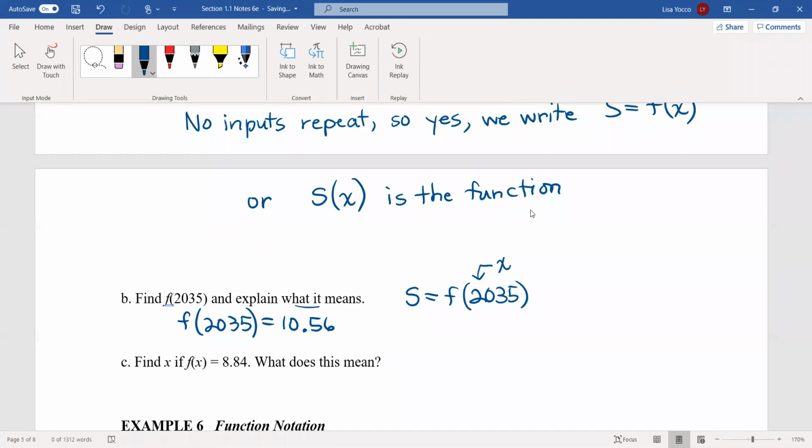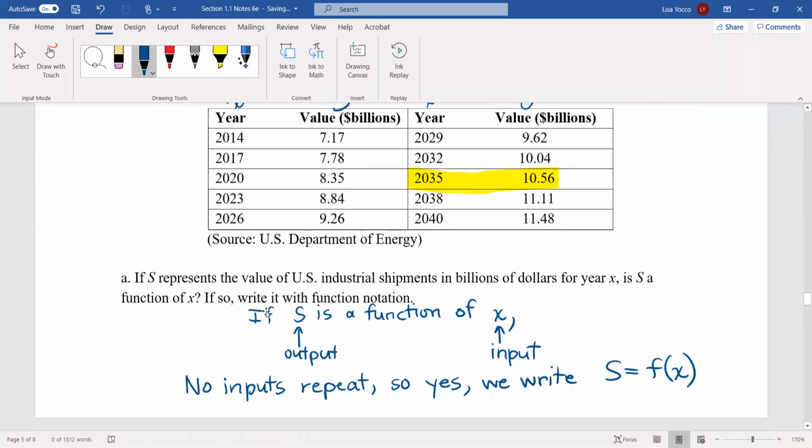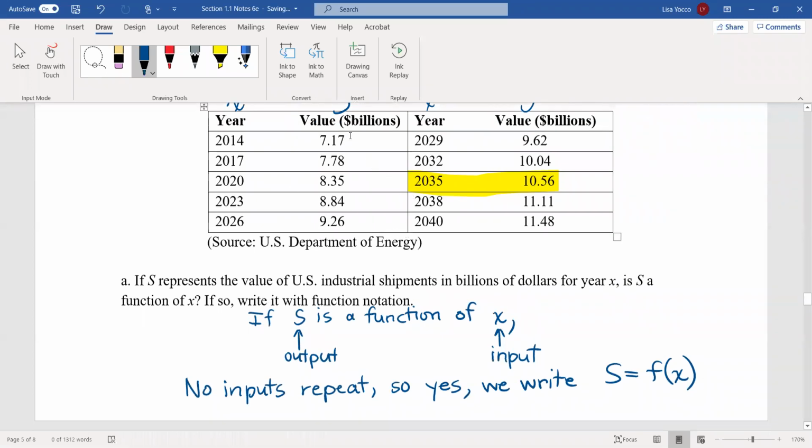Because that's really what math modeling is about. It's giving meaning to all these symbols and numbers. What we're saying is that in the year 2035, 10.56 billions of dollars would be the value of the U.S. industrial shipments.